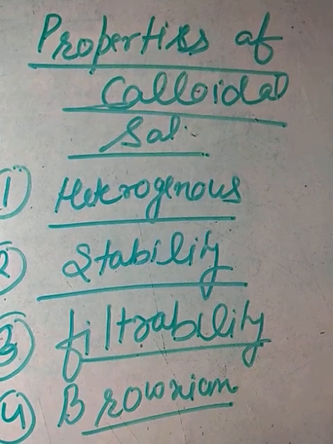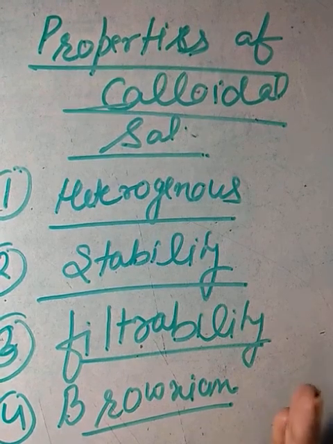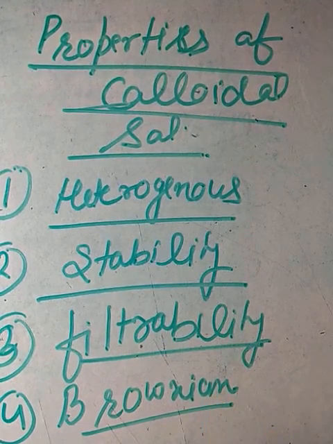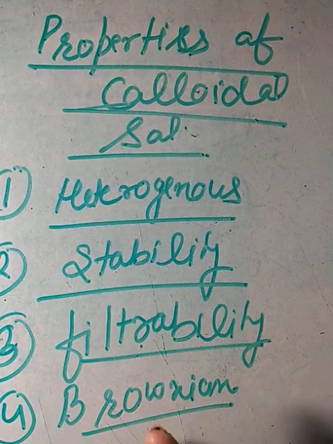It is based on the fact that the molecules of the dispersion medium, due to their kinetic motion, strike the colloidal particles, that is the particles of the dispersed phase, from all sides with different forces. Because of this, the colloidal particles start a zigzag motion, which is called Brownian movement, right?